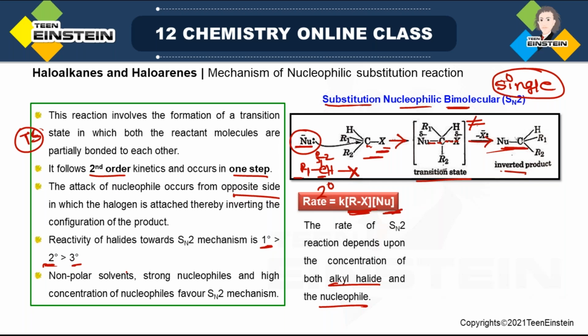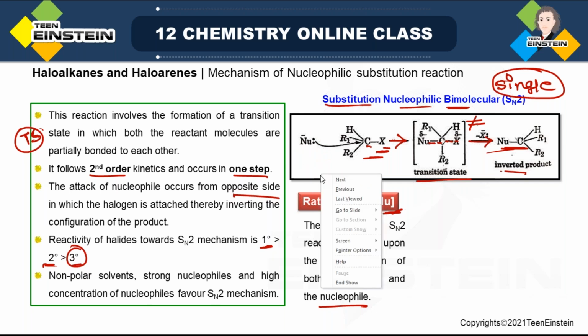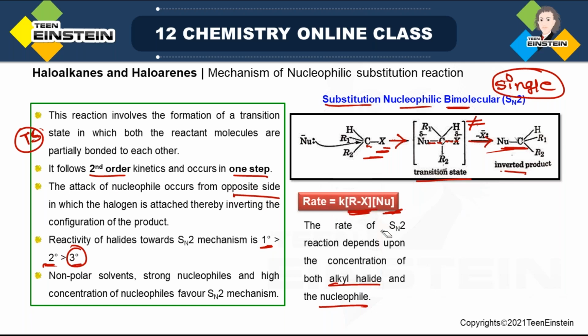Why? Because here we do not have any carbocation intermediate. But if you take 3 degree, there will be so much steric hindrance for the nucleophile. Because 3 degree means what? Carbon will be attached to 3 more groups, right? But suppose if it is 1 degree, carbon is attached to only 1 carbon.